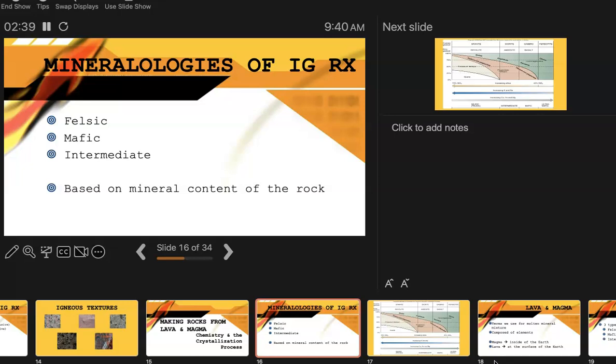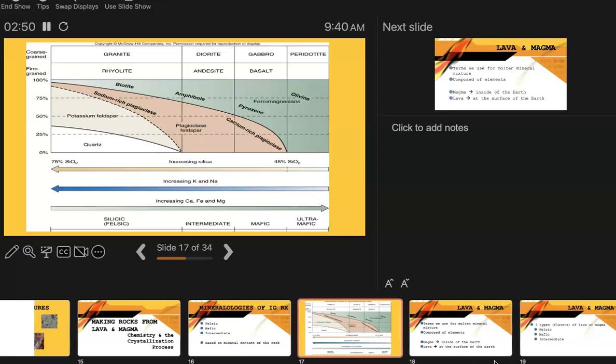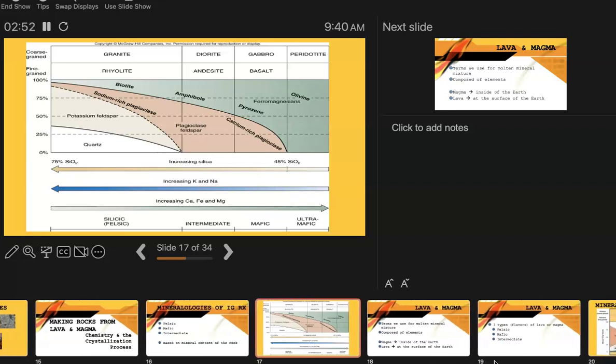So these are three chemistries. And again, this mineral content is a little misleading because, remember, minerals have to be crystalline. And at the point we're talking, we are before crystallinity. We are at elements.